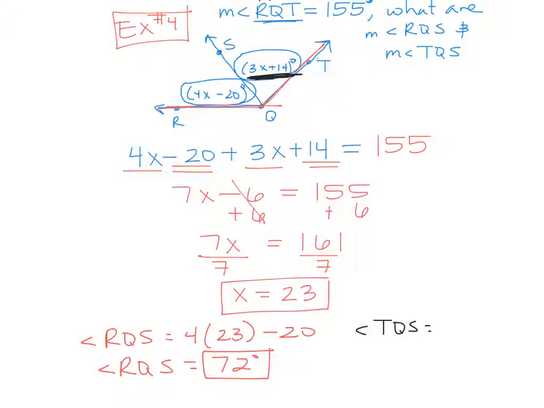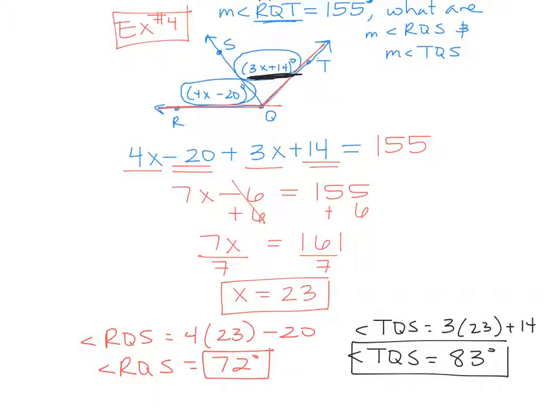So 3 times 23 plus 14. Simplify that. TQS comes out to 83 degrees. So you have 72 and 83. That should add up to what? The total, the 155, which in this case it does. So we're good. Okay. Any questions on that?